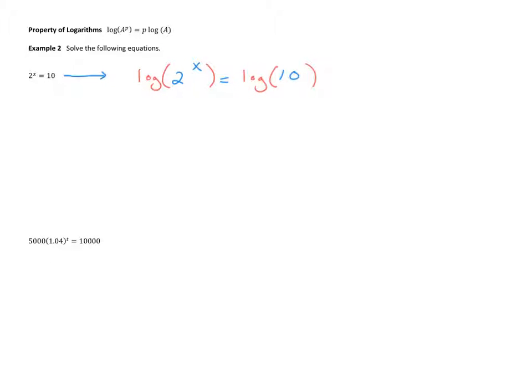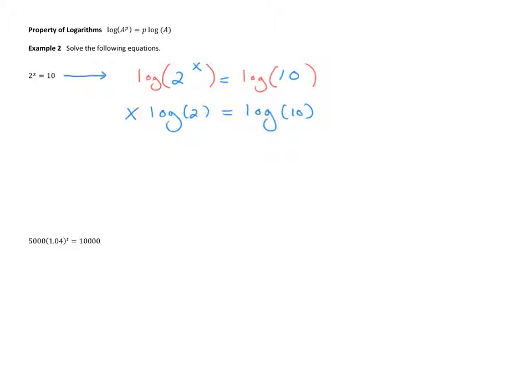Now, the nice thing is, on the right side, log of 10 is just a number that you can get from your calculator, but on this side, I have something to an exponent, and according to this property, I can take that exponent and write it in the front of the equation. So that's what I'm going to do. I'm going to take this x and write it here. So my equation becomes x times log of 2 is equal to log of 10.